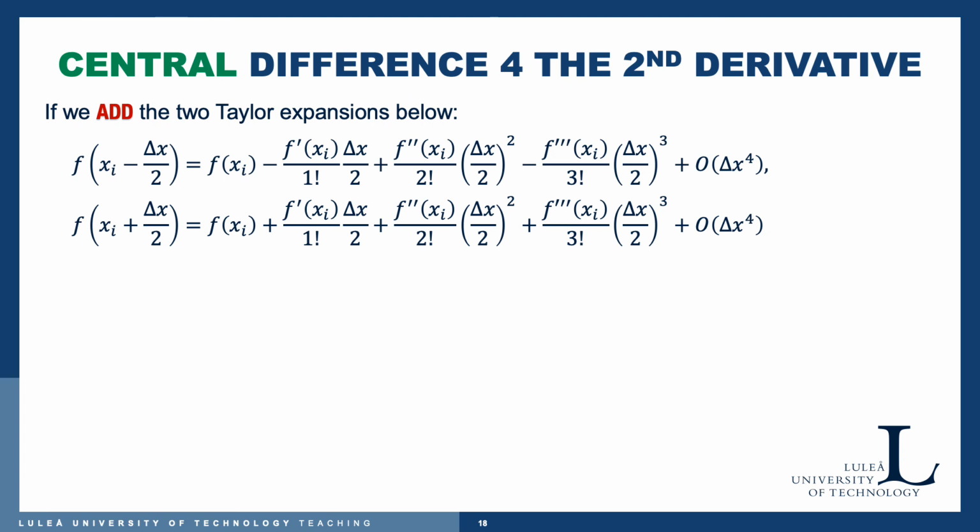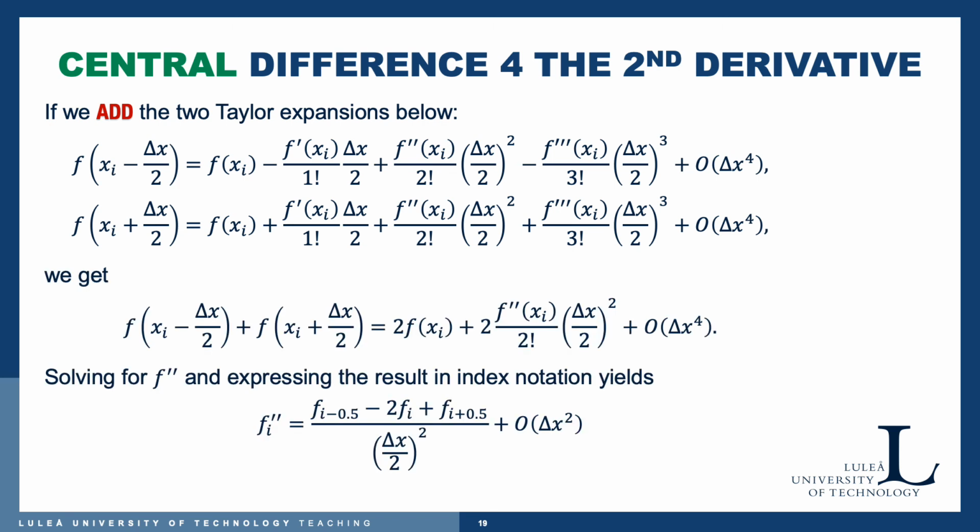In order to obtain a central difference for the second derivative of a function, we can add the two Taylor expansions below together, because then the terms involving the first derivative, third derivative, and so the odd derivatives, they cancel.